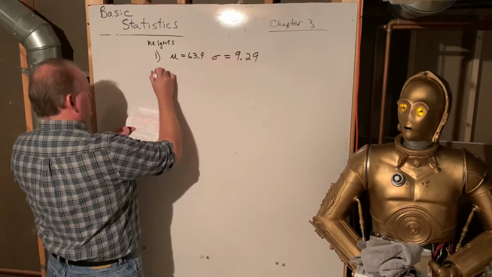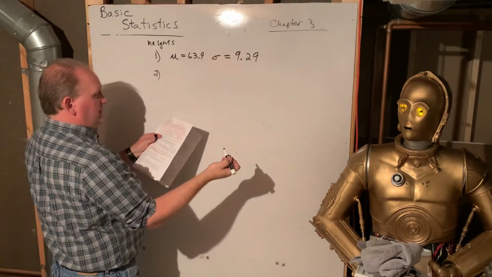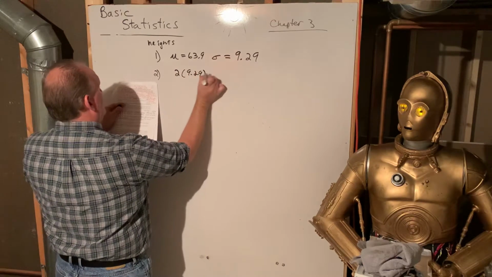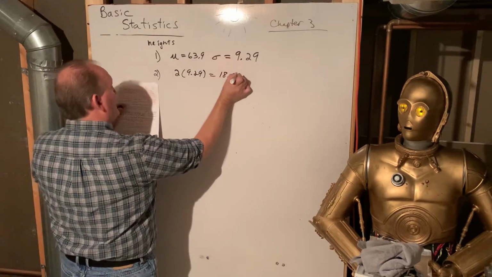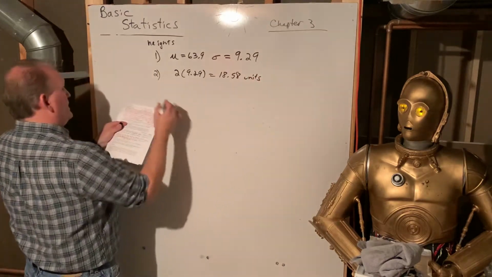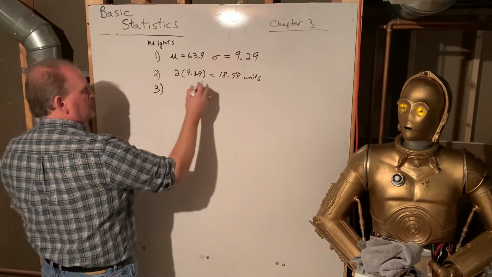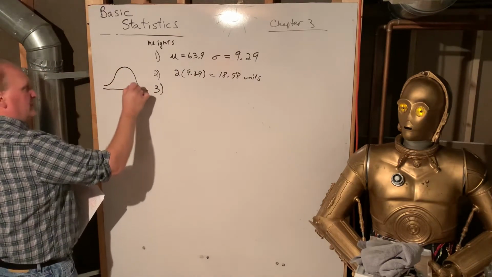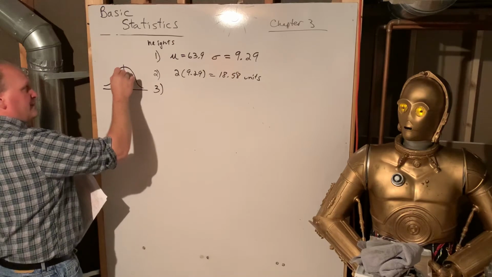So find the length of 2 standard deviations. So we got 2 times 9.29. That is 18.58 units. And so now what we're going to do is find the interval that corresponds. So the mean, look, if it's a normal set of data, we don't know that it's normal. This could be any set.